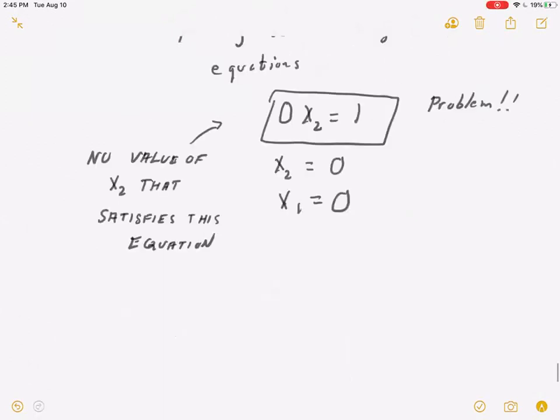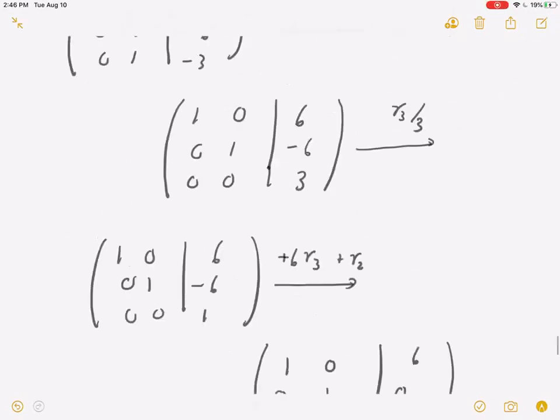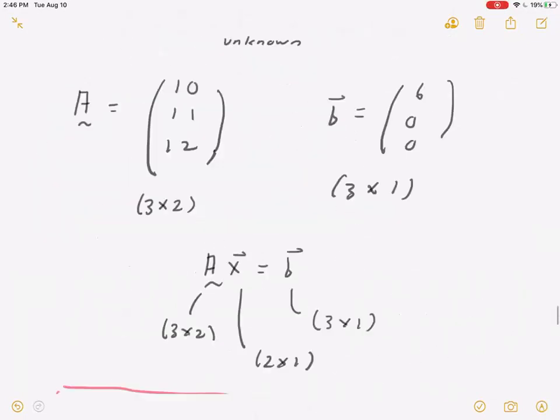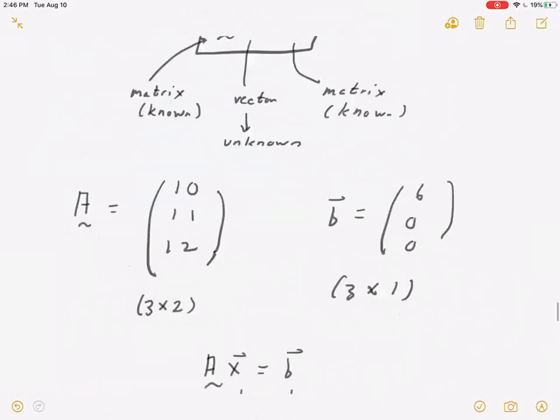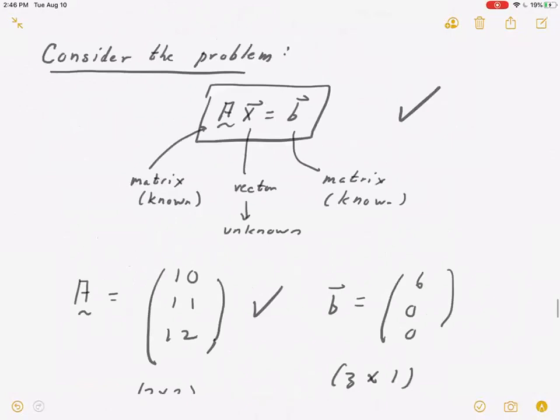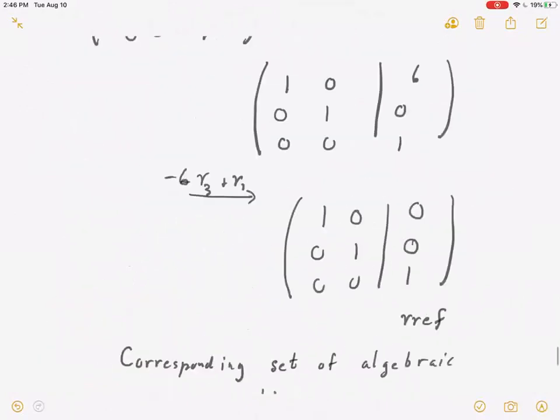So we would simply say, okay, this is not unlike any problem that we've seen before. Here's a case where there's no solution to this particular example, where matrix A is this, and the constant matrix B is that.